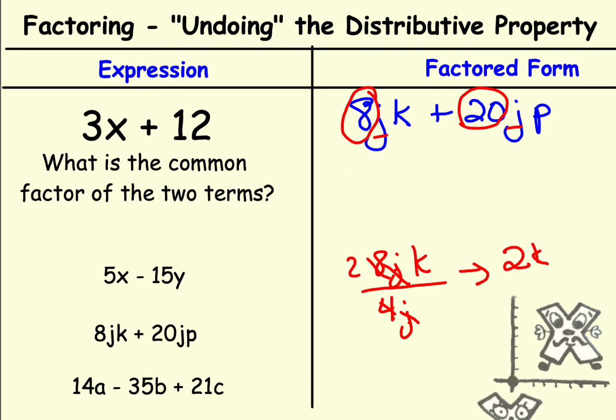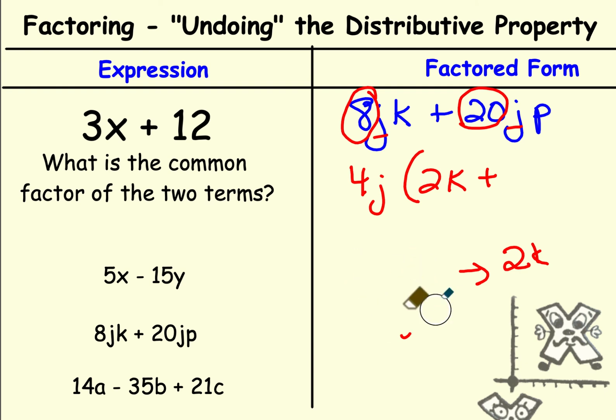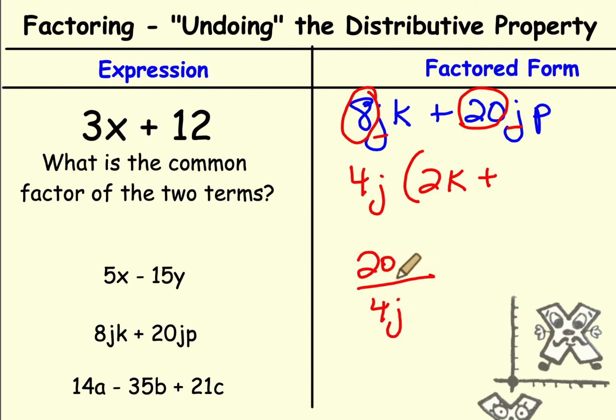We have our common factor 4j, leaving us 2 times k in the first term, plus, and then in our second term, we're going to factor out 4j, 20 divided by 4 would give us 5, and j cancels j, leaving us p.